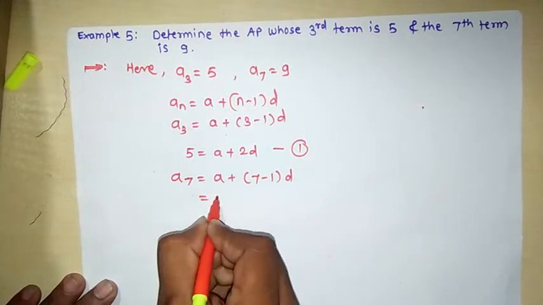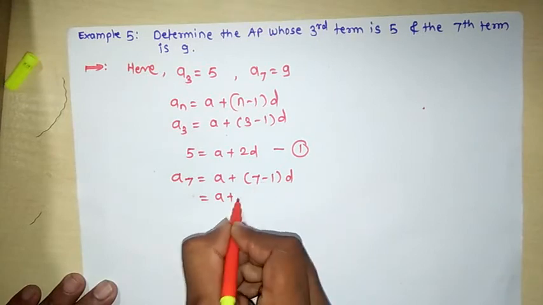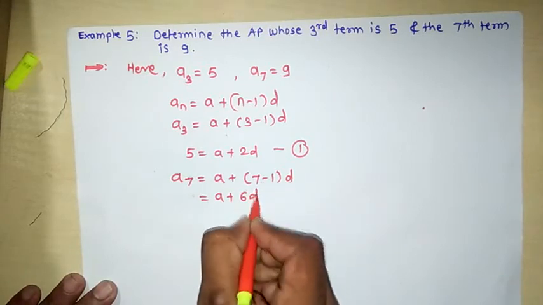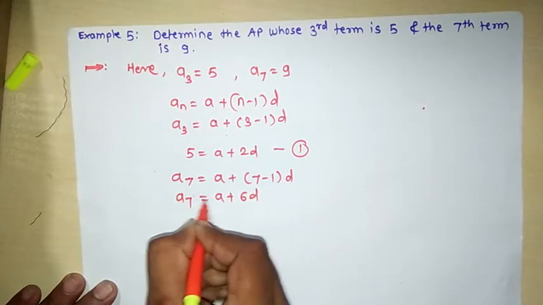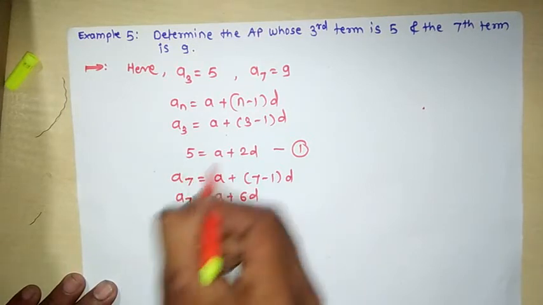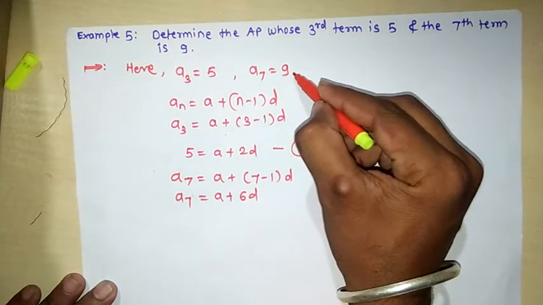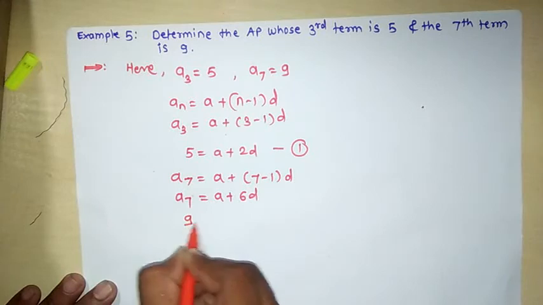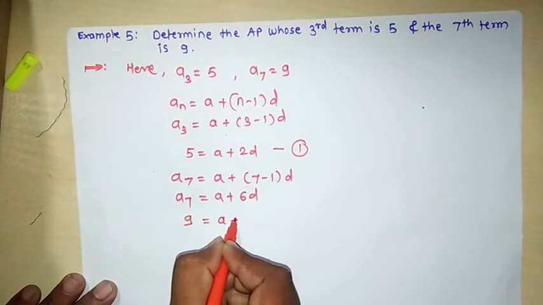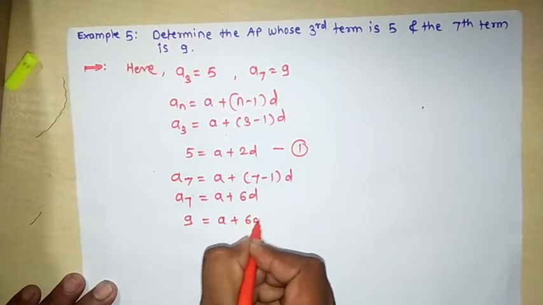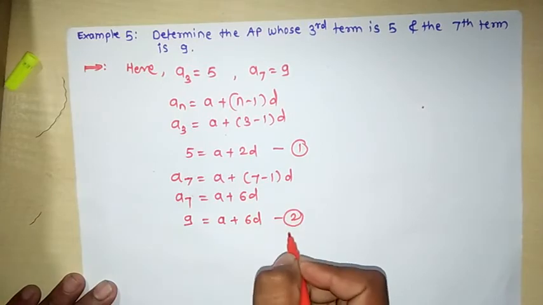Now 7 minus 1 is equal to 6, d as it is, 6d. So a7 is equal to a plus 6d. What is the value of a7? a7 we know, that is 9. Put 9 instead of a7. 9 is equal to a plus 6d. We got this as equation number 2.